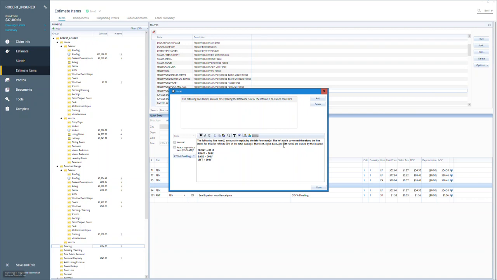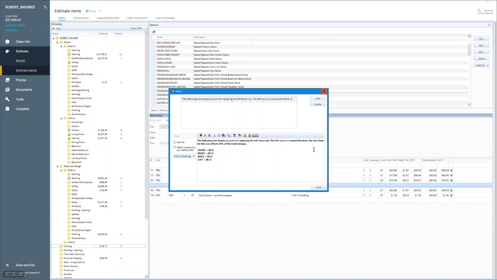Now we're saying the front, right, back, and left are owned. We've already dealt with all the other sides, all the ownership. We do not need this anymore. So we're left with the following line items account for replacing the left fence run or runs. We can take this out, make it singular.